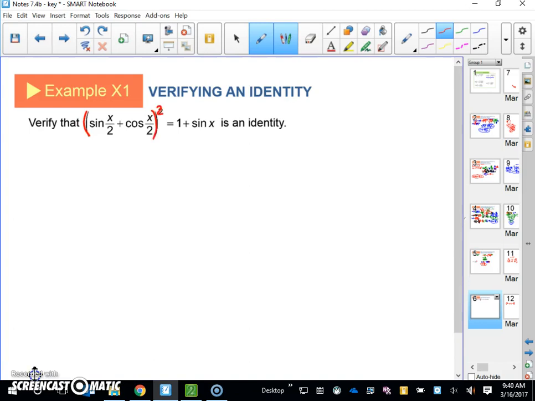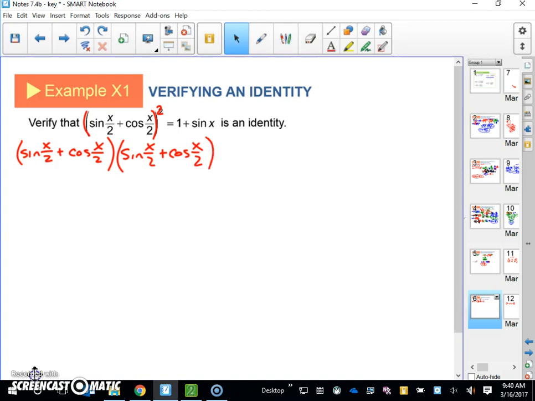So what we'll want to do is basically FOIL that and expand that out. So we'd have sine x over 2 plus cosine x over 2, squared. We're just going to FOIL that out.